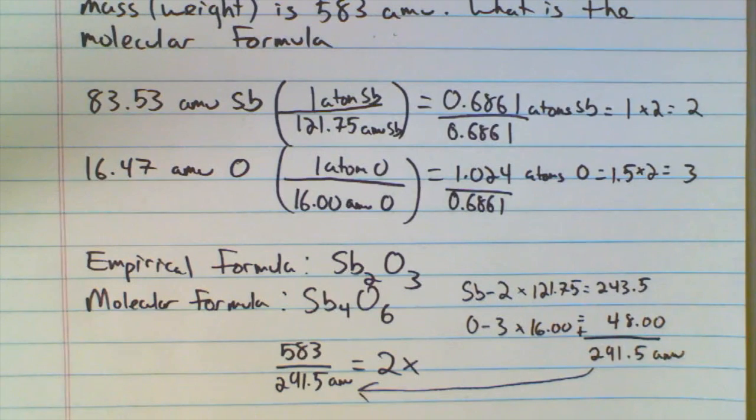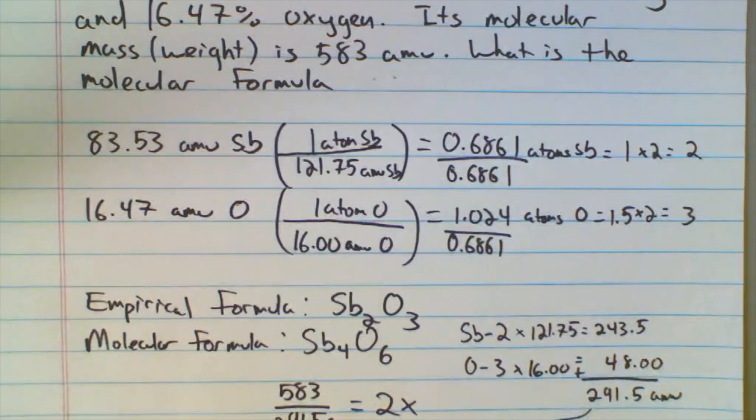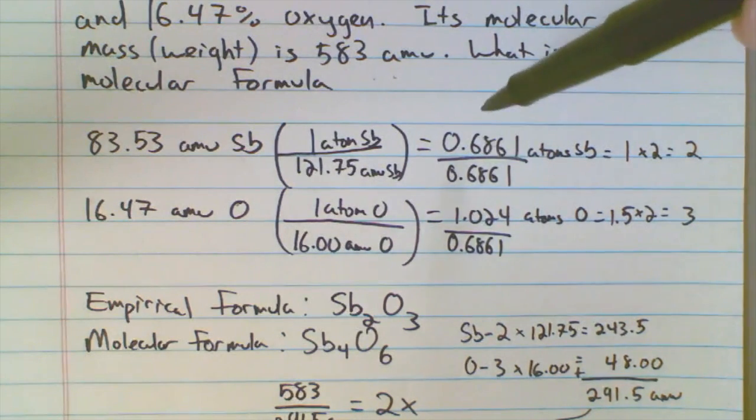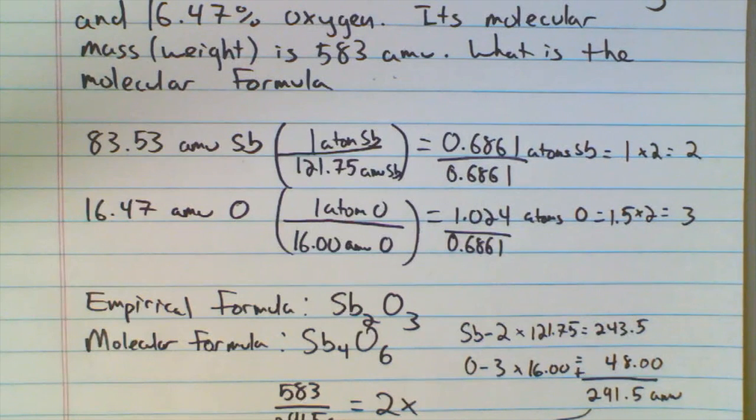Yes, sir. Above, where you have to divide by the smallest number. Does it matter if you divide by the smallest number or the bigger number? Because I accidentally divided by the other number and I still got the same answer. Because then for this one you got 0.5 atoms of Sb compared to 1 atom of oxygen, right?